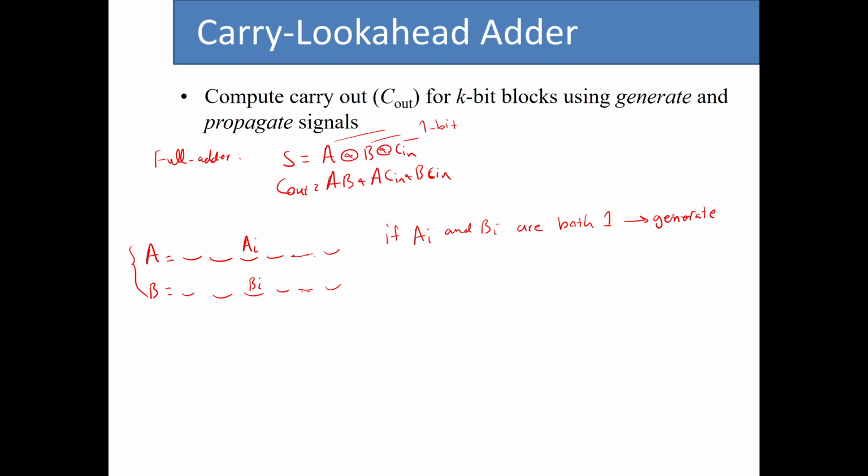Also, we know that if either of AI and BI are 1, we may propagate a carry if Cin is 1, or basically if the carry in from the previous stage is 1 and one of these things is 1, we actually propagate this carry in to the next stage.